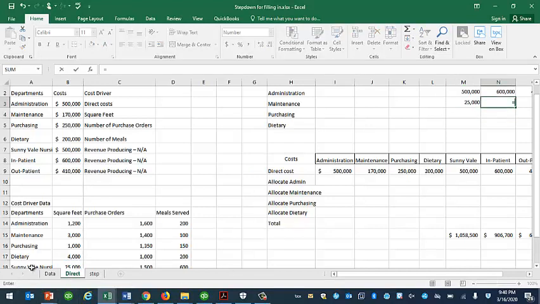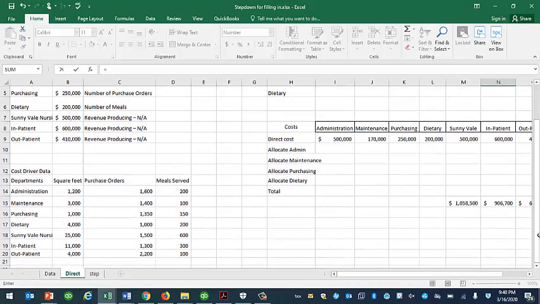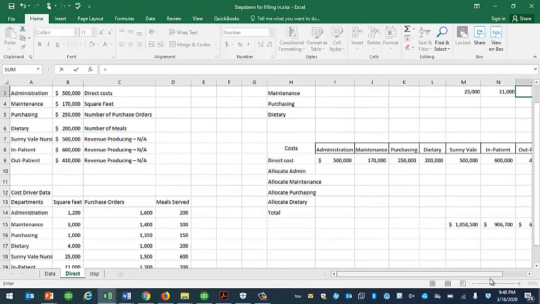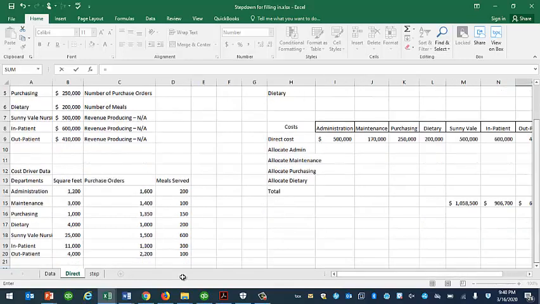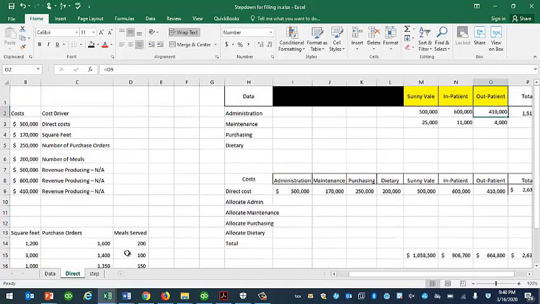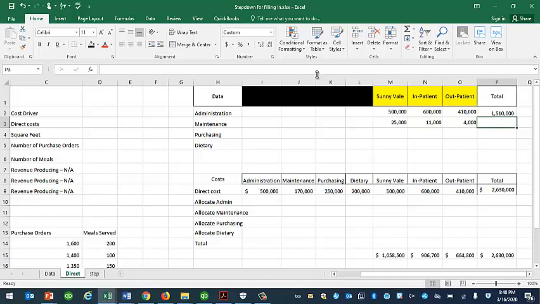Next, we're going to put in for inpatient, which is 11,000, and third, we're going to put in for the outpatient, which comes to 4,000 down here. Okay, so now we have the total for those three for the square footage, only for the revenue producing departments, in a total of 40,000. So what's going to happen is 25/40 is going to go to Sunnyvale.